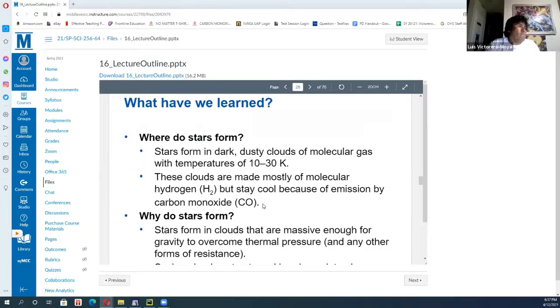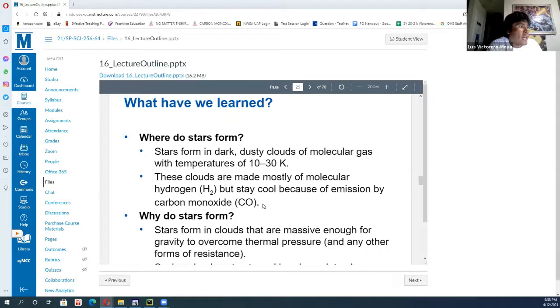So what was the aim of this part of the lesson? It was first to know where stars are formed in molecular clouds, the composition of these, and how we study them: hydrogen there, H2, and carbon monoxide.